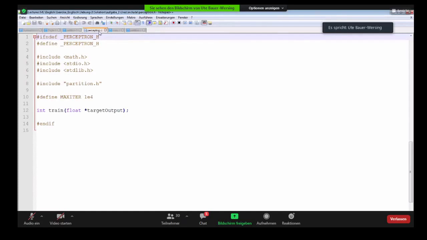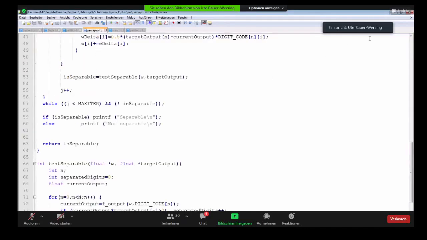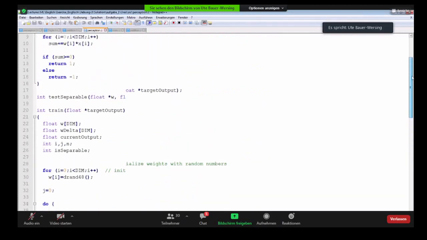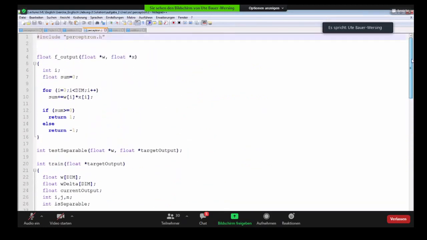The C file for this is a bit complicated, because there are more functions implemented than just the train method. The train method basically summarizes the training process, the perceptron learning algorithm. That's what we are using for this exercise.